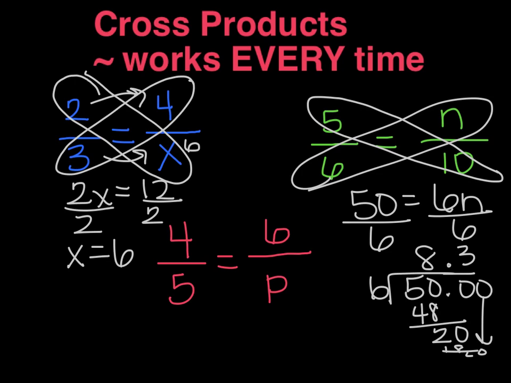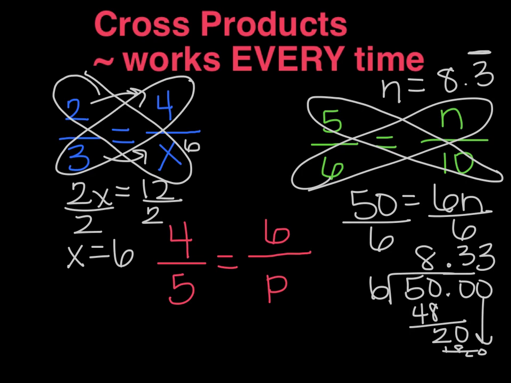I can see that 6 is going to go into 20 3 times again. So I see that this decimal is going to repeat, and I'm not going to worry about it because I know how to write this. Since I'm running out of room, I'm going to write this solution up on top, but I know that my solution is n is equal to 8.3 repeating, so I put that bar on top.